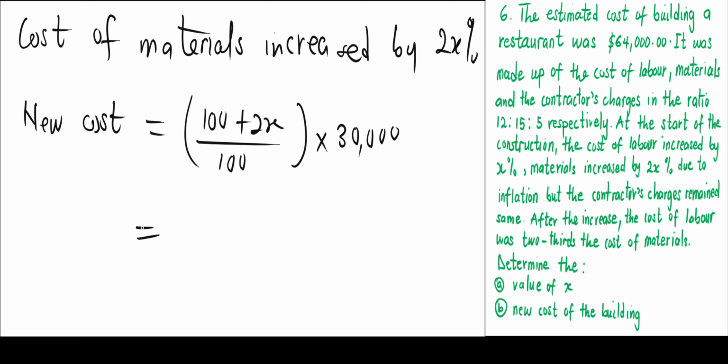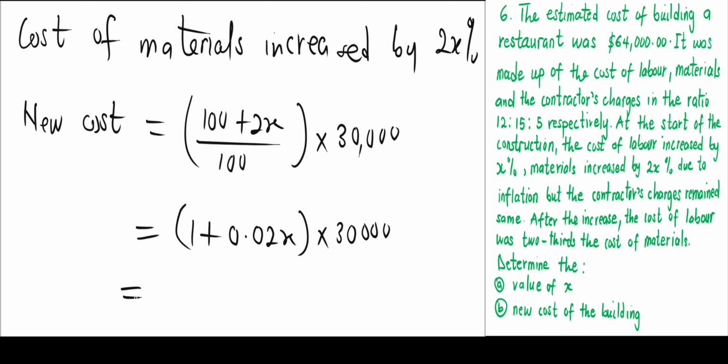All right, so this will give us 1. Divide 100 by 100, we are going to get 1. Then you divide 2x by 100, we are going to get 0.02x, or in brackets, multiplying 30,000. All right, good.